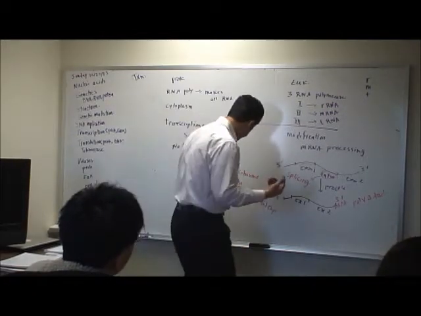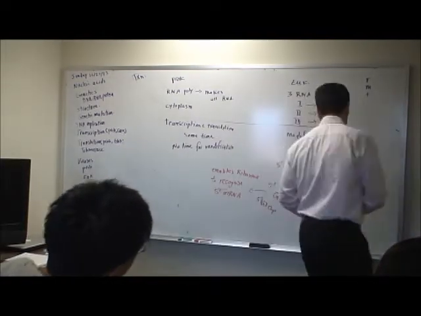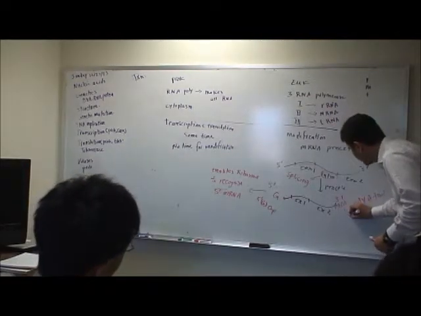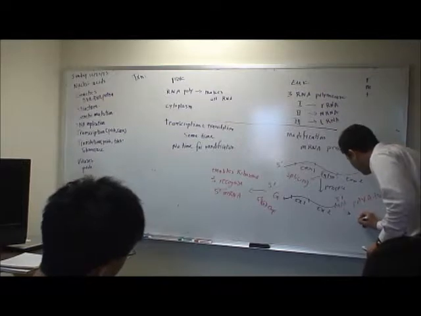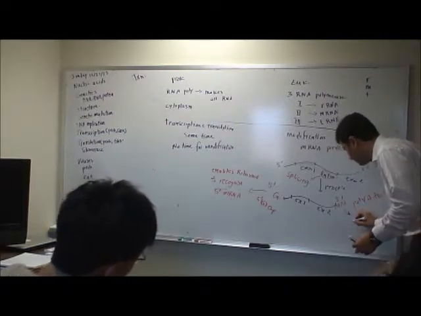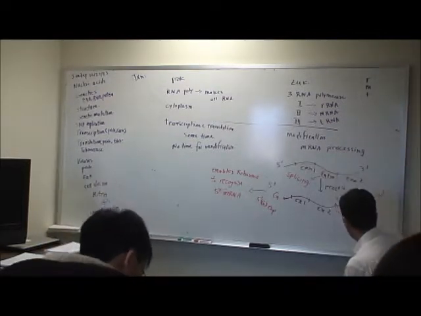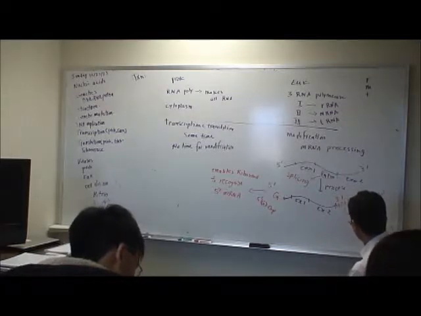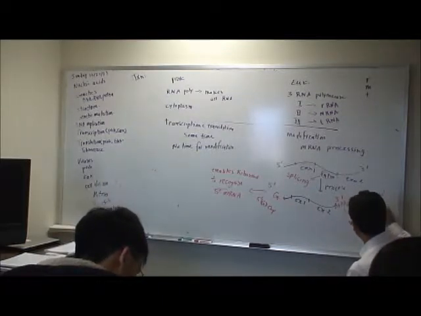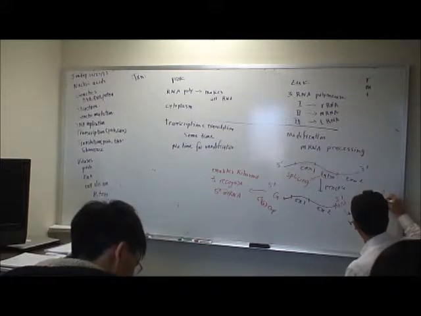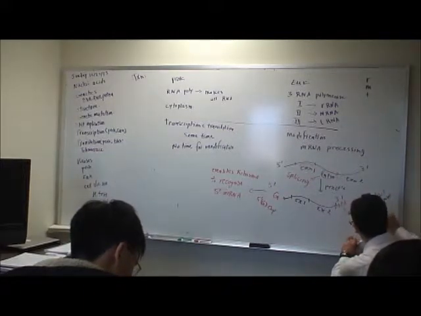I didn't know about this until I saw this. I somehow forget this. The poly A tail, in my notes, it says helps you determine the half-life of mRNA.